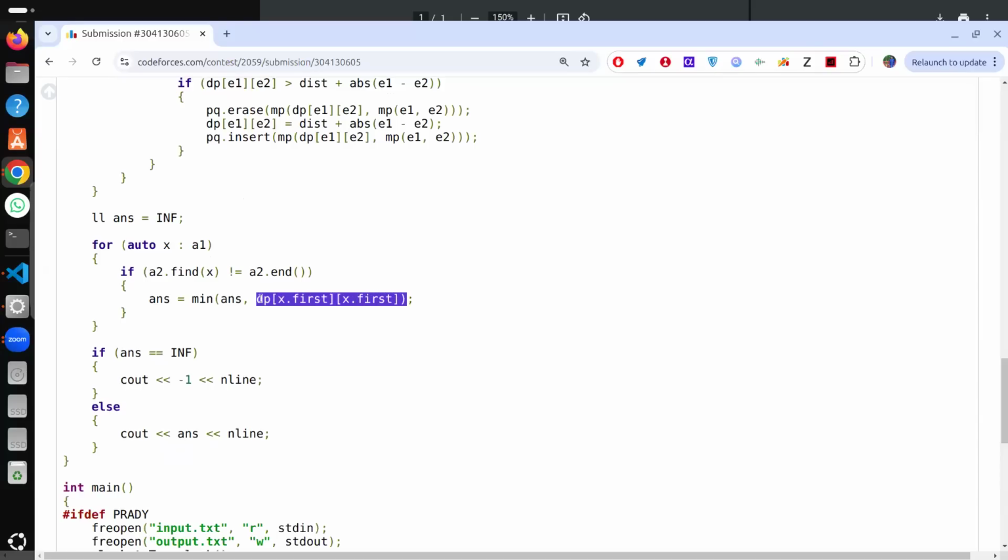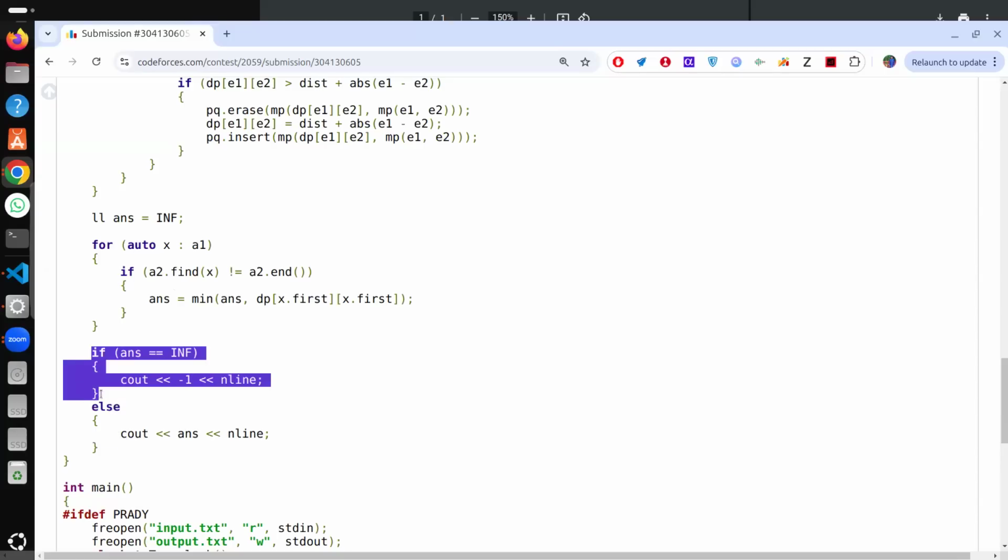What this means is the minimum cost to go to one of the nodes of that edge, so I take the minimum with that answer. And if the answer is still equal to infinity, then cout minus 1 because there is no such edge. Otherwise, I just print the answer.